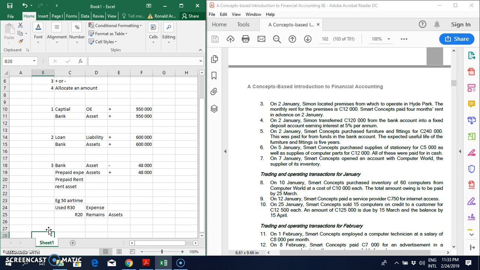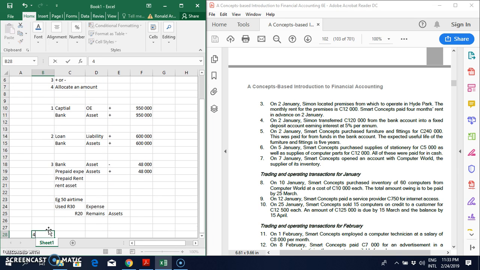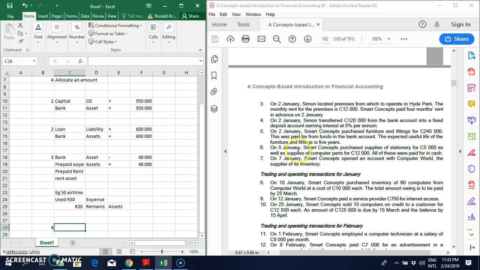So let's look at transaction number 4. Transaction number 4 says that on the 2nd of January, Simon transferred 120,000 Rand from the bank account into a fixed deposit account earning interest at 5%. So we have the bank account involved, and we have an account called fixed deposit.